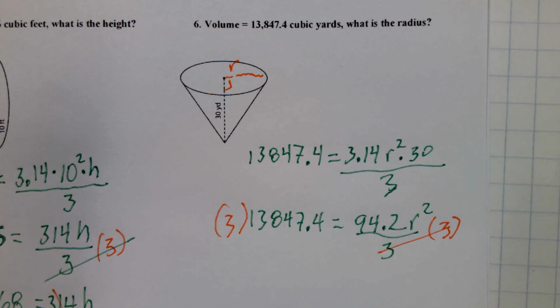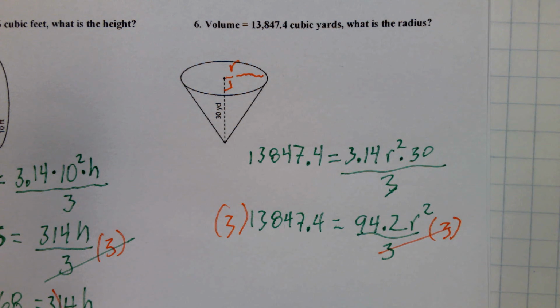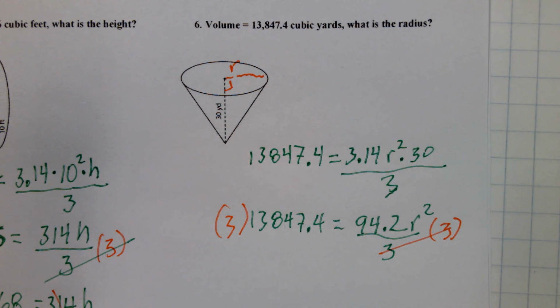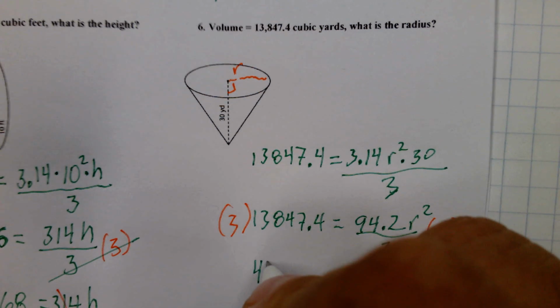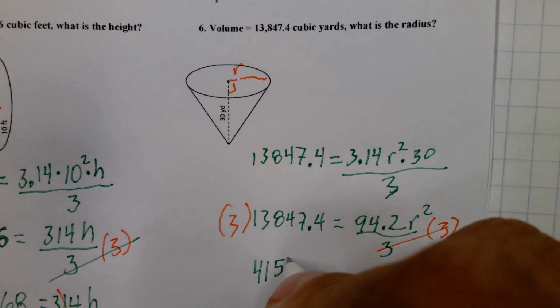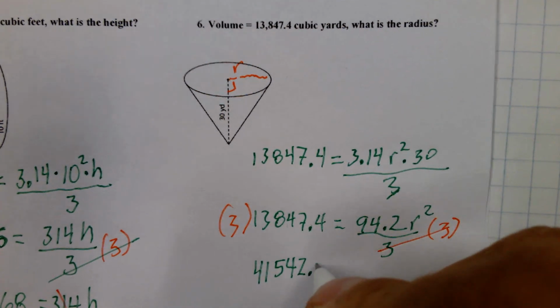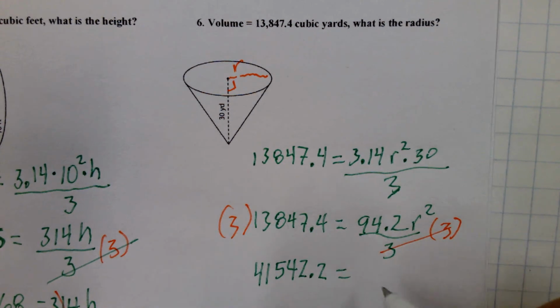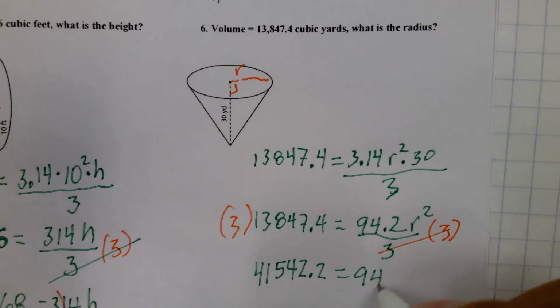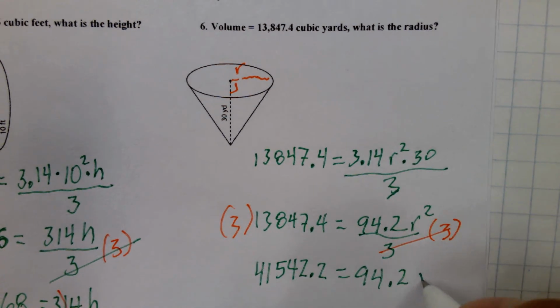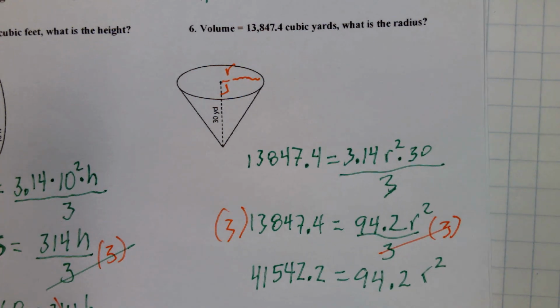And that should be a pretty big number. 41,542.2 equals 94.2 radius squared.